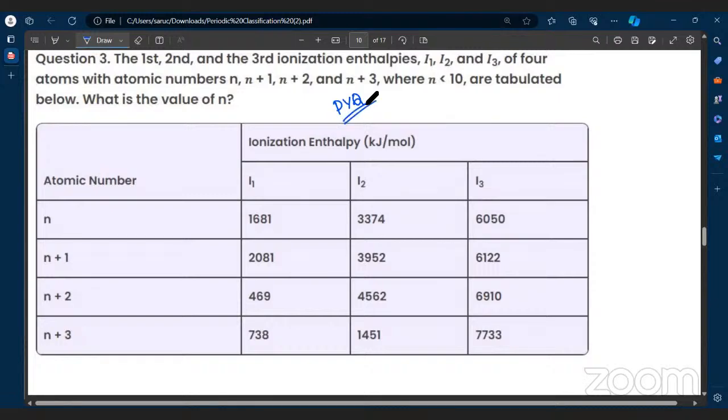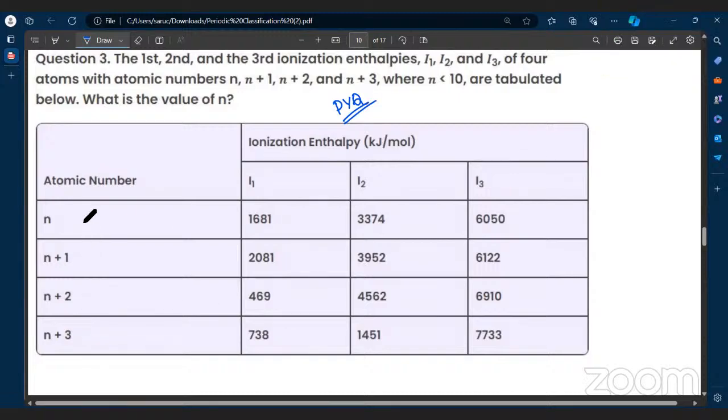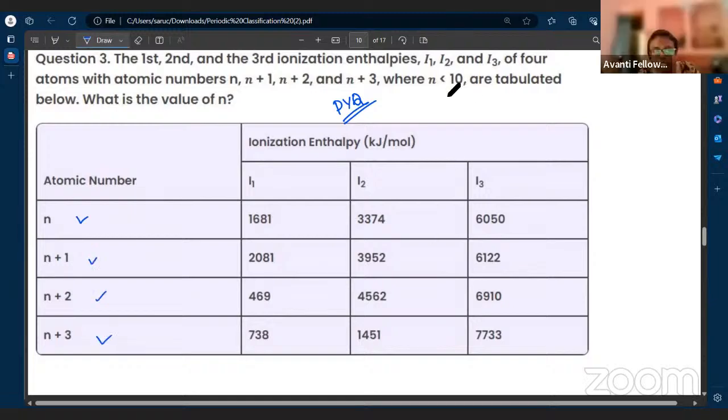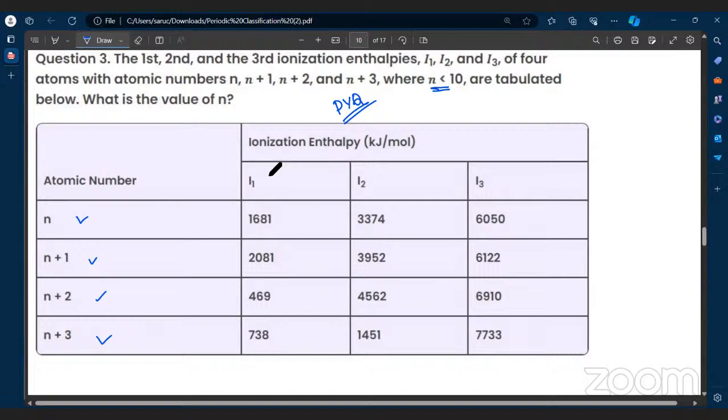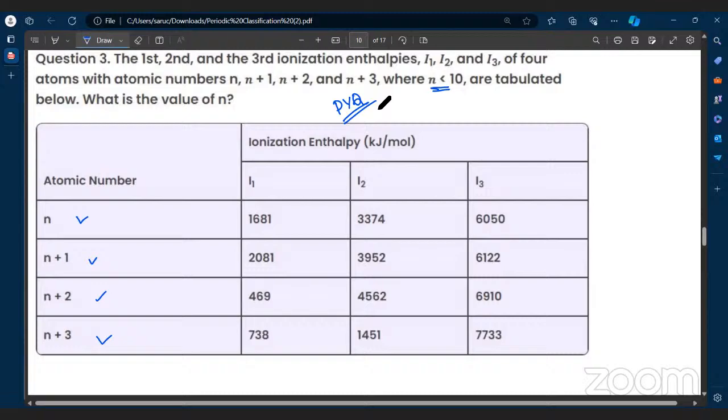They have listed the first, second, and third ionization enthalpies, and given a hint that n is less than 10. What will be the value of n? Can you guess any options?